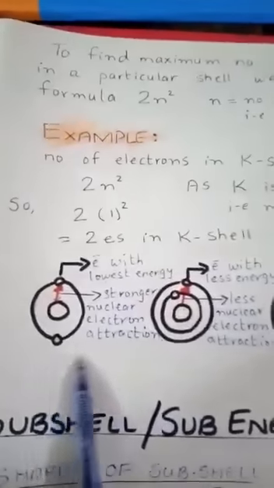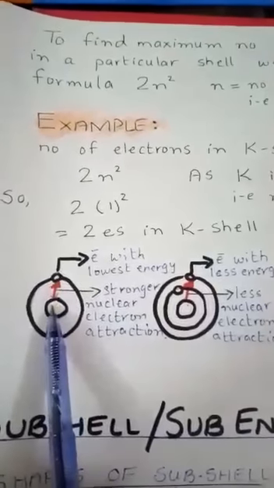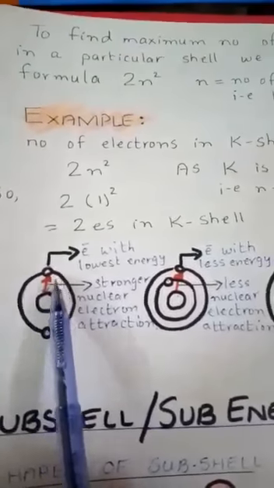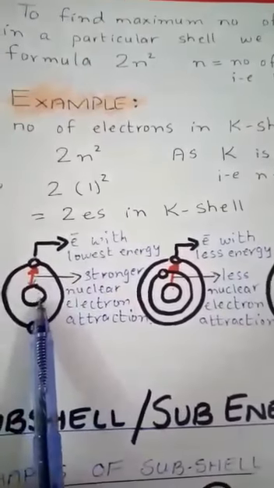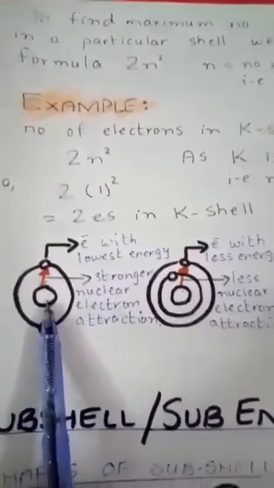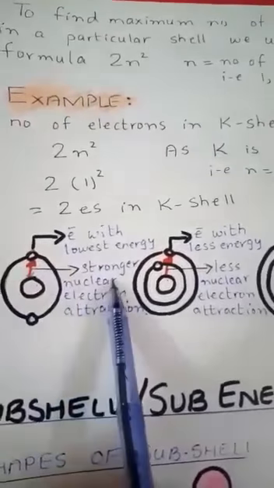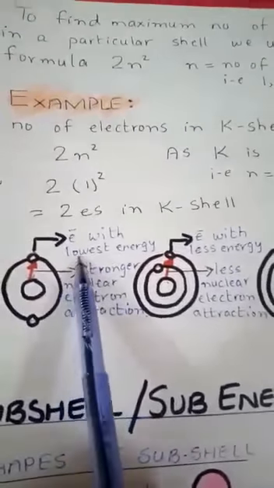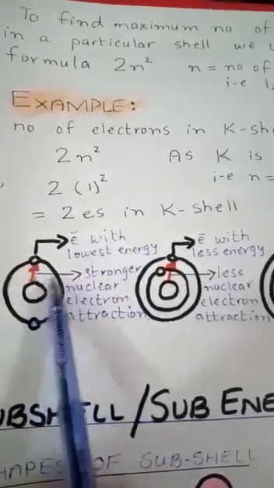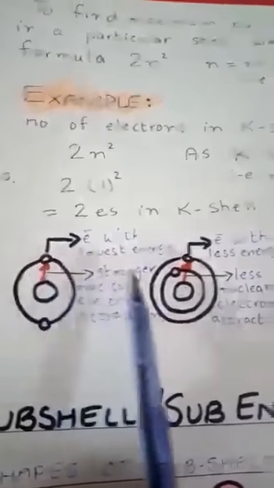If you see this structure of the atom, this electron is nearer to the nucleus. So this electron has the lowest energy because there is a stronger attraction of the nucleus on the electron. So we say that due to stronger nuclear electron attraction, the electron is nearer to the nucleus and it will have low energy. It cannot move easily.